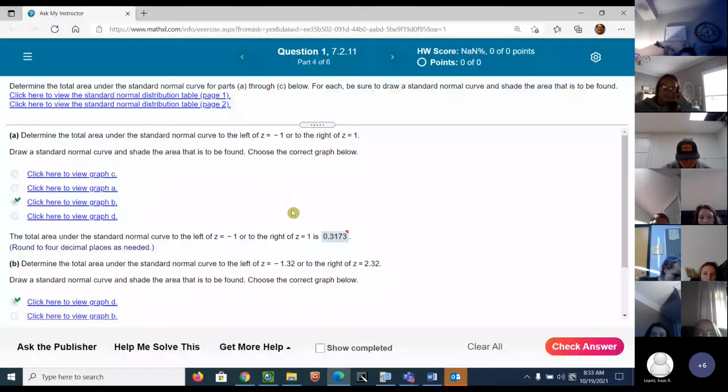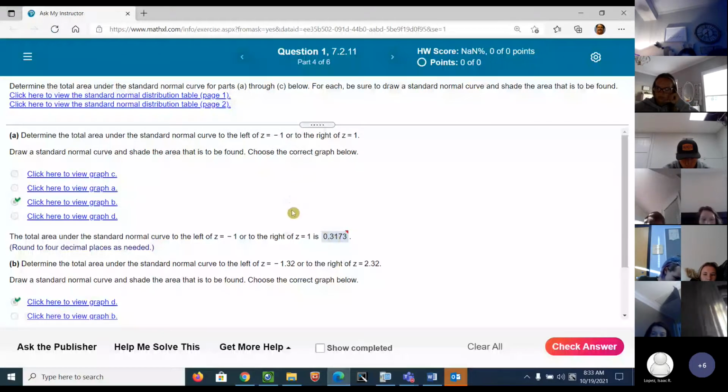A, what is the probability of being left of -1 and right of +1?